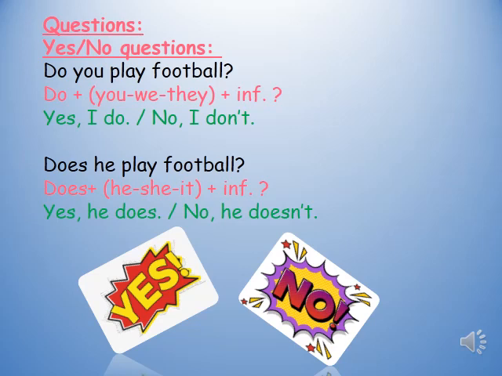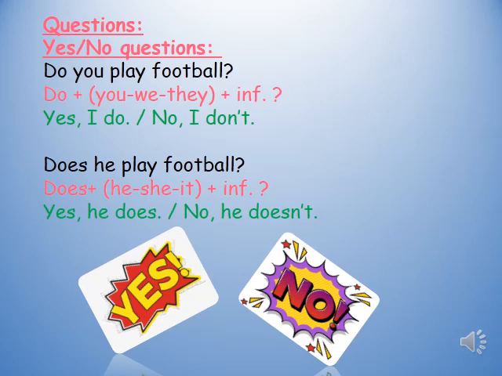Then with the pronoun he or she or it, I'll use does to form a question. Does he play football? So I use does plus he or she or it plus infinitive and the question mark. And the answer will be yes, he does or no, he doesn't.